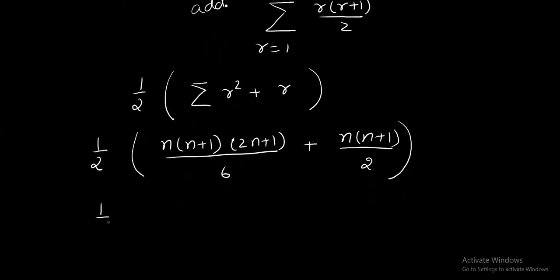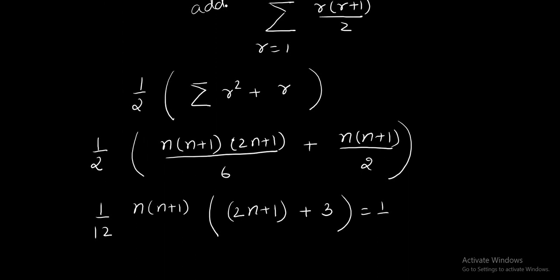When you simplify it, what you are getting is 1 by 12. You can also take n into n plus 1 as a common factor. We'll be left with 2n plus 1 over here, plus 3. What we are getting is 1 by 6 times n into n plus 1 multiplied by n plus 2. Now I am keeping n equals 2003.